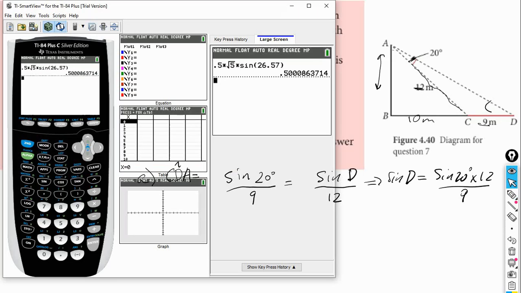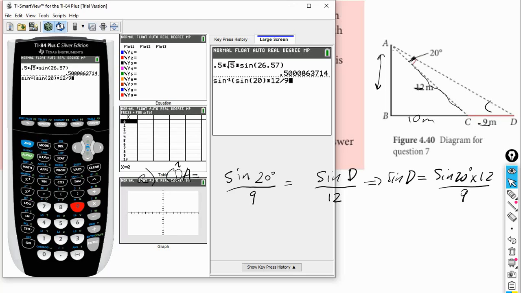Okay, so here we have the calculator, and we're going to find the angle CDA. We said that we need the inverse sine, so inverse sine of sine of 20 times 12 divided by 9. We don't really have to put all this other stuff in parentheses because it will just multiply from left to right and then divide.